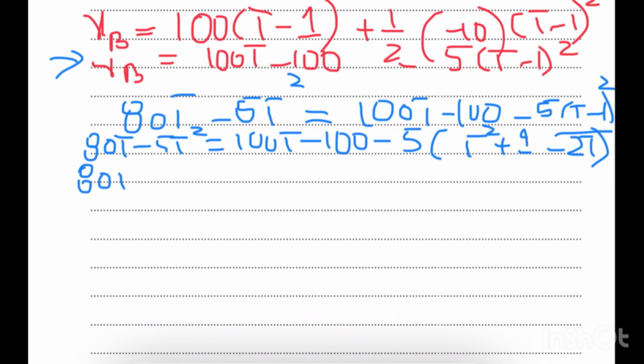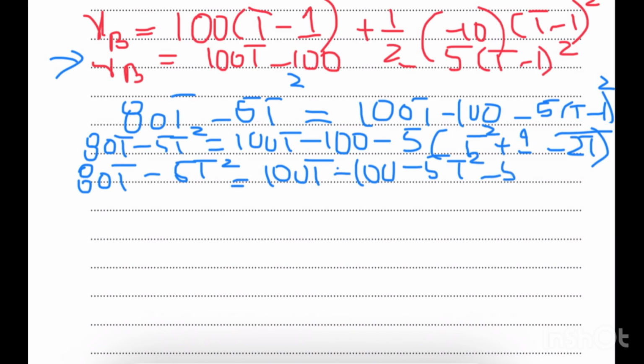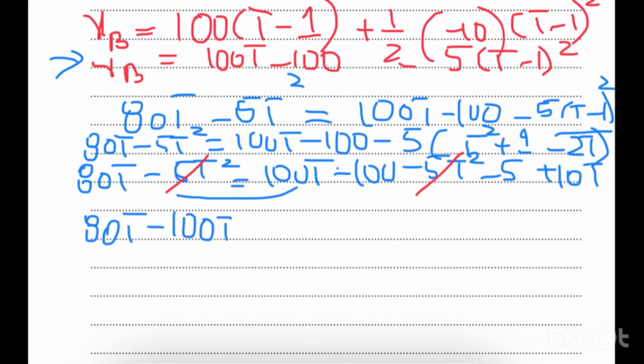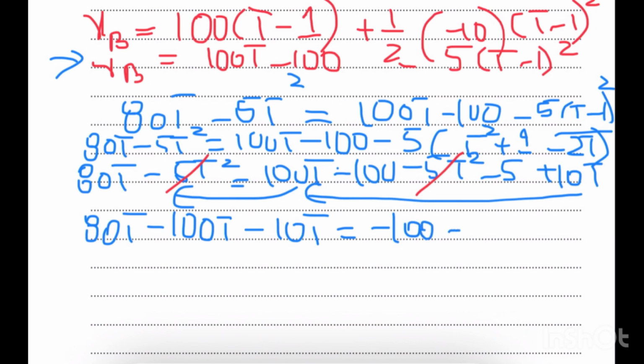So this becomes 80t minus 5t squared is equal to 100t minus 100 minus 5t squared minus 5 plus 10t. Now the minus 5t squared terms cancel, and putting all like terms together, we get 80t minus 100t, and this minus 10t goes on this side.